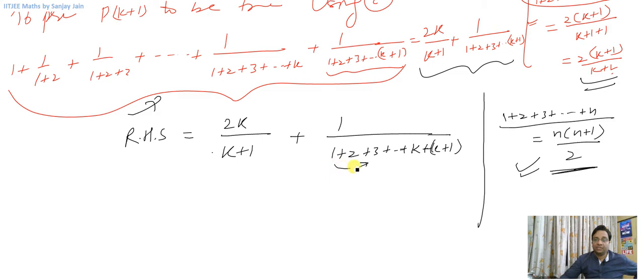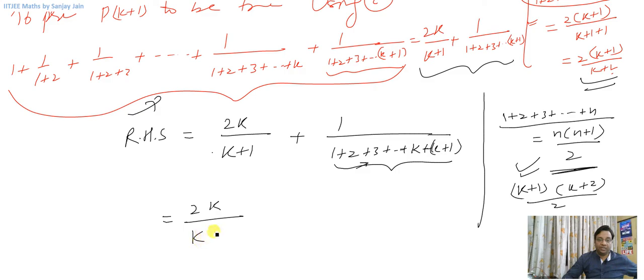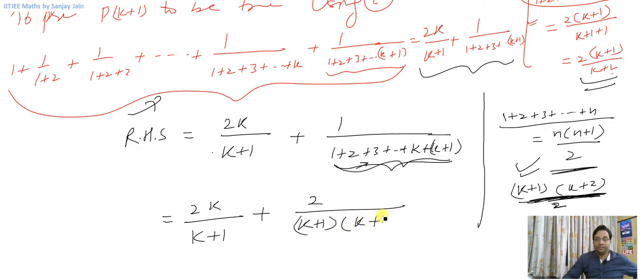So the sum of the first k plus 1 natural numbers will be k plus 1 into k plus 2 by 2, right? So I'll be using that here, 2k over k plus 1 plus, now if I replace this by k plus 1 into k plus 2 by 2, this 2 will go in the numerator, and in the denominator I'll have k plus 1 into k plus 2.